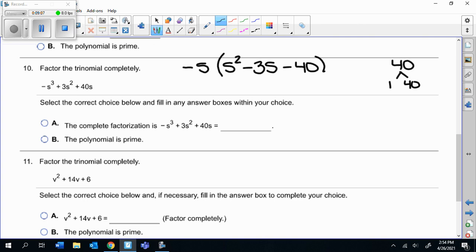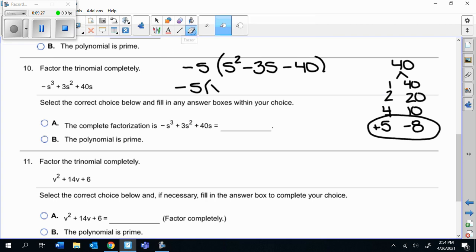And again, if you don't know, you've seen me in the lessons just listing factors so that I have a visual. If it's a negative 8 and a positive 5, that will be the proper combination.